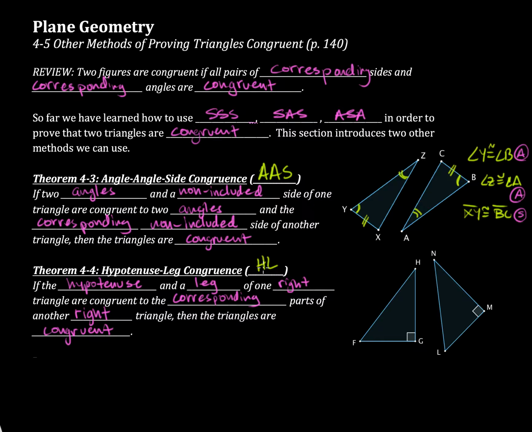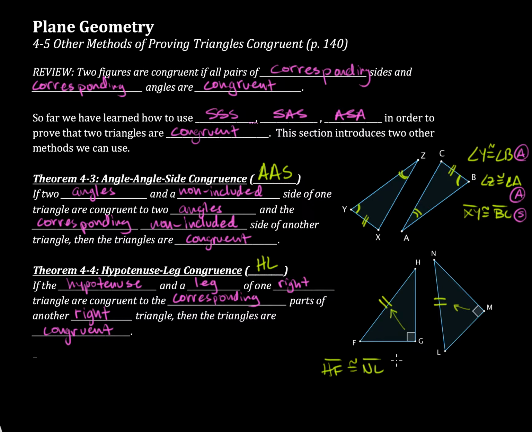So if we're going to use hypotenuse leg, first of all, we have to make sure we're looking at two right triangles. So angle G is a right angle and angle M is a right angle, so I have two right triangles here. Now the first thing that has to be true is the hypotenuse has to be congruent on each triangle. The hypotenuse is always the side across from the right angle, so that would be segment HF and segment NL. So we'll say that HF is congruent to NL, and that's the hypotenuse, the H part of HL.